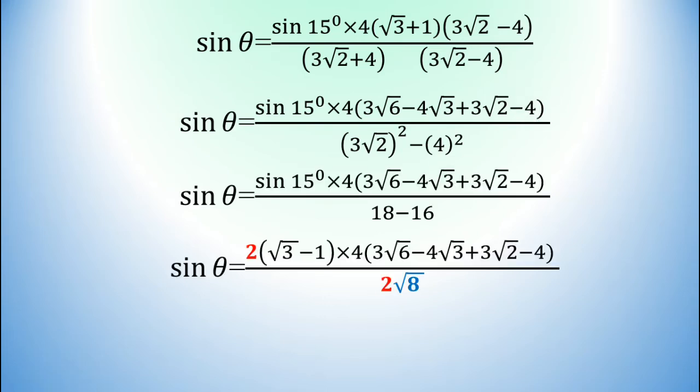Sine 15 is equal to 2 upon root 8 into (root 3 minus 1). Then after substituting this value into the equation, sine theta is equal to 2 root 3 minus 1 into 4.